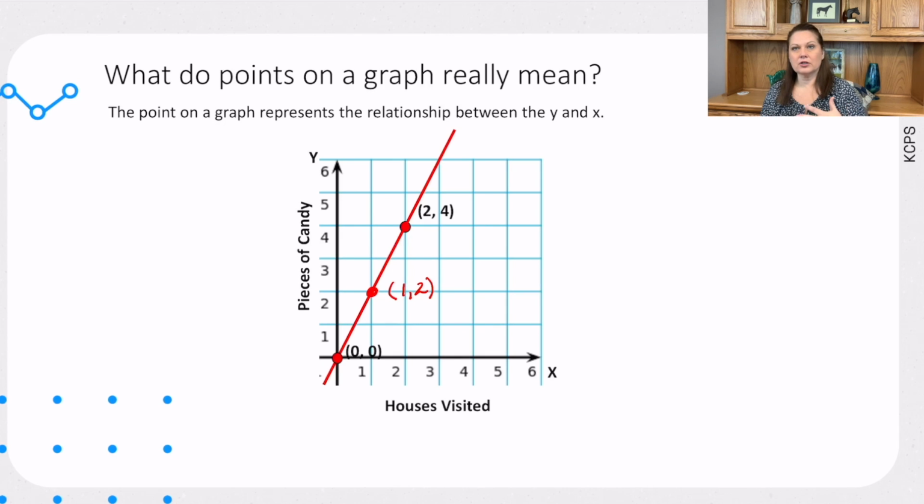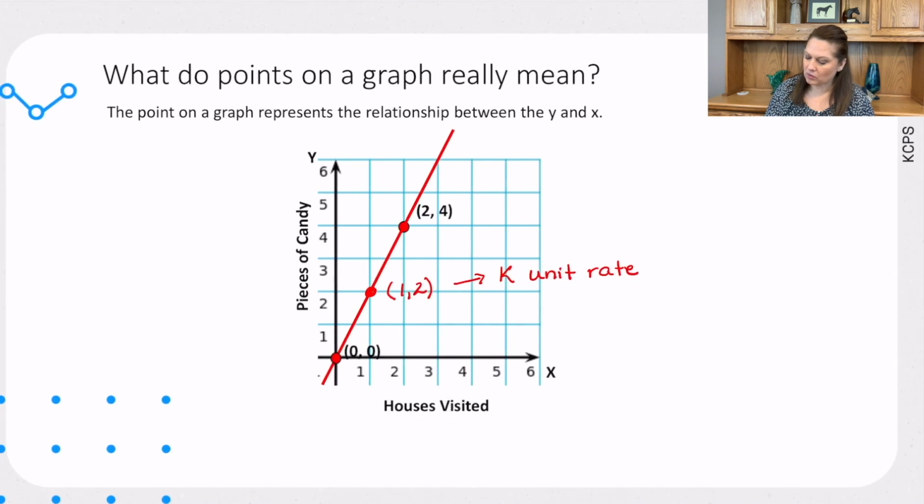Or I can reverse it and say for every 1 house, I get 2 pieces of candy. This is our K, our unit rate, and it is also our constant of proportionality. The points on a graph can mean multiple things. You just have to remember what my labels, my X and Y, are and how I can use that.